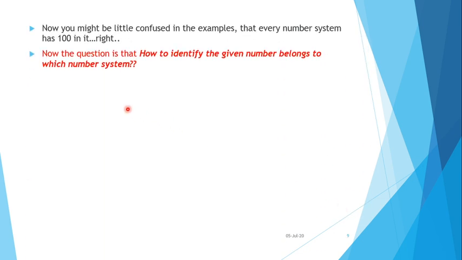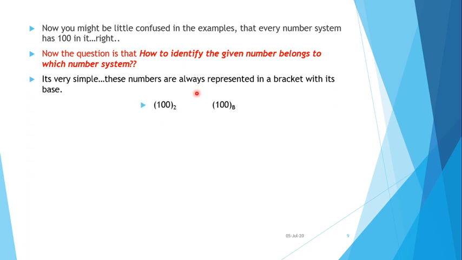Okay, now the question is how to identify which number system a given number belongs to. Okay, the answer is very simple. All the number systems are represented in brackets with their base. Now this 2 means binary because the base of binary is 2, or capital B. So in the binary number system, this number is 100.